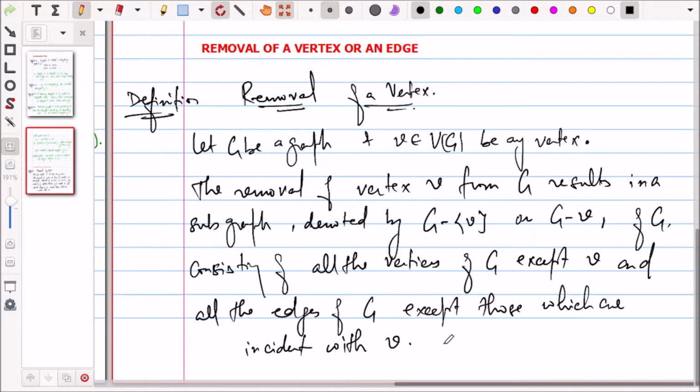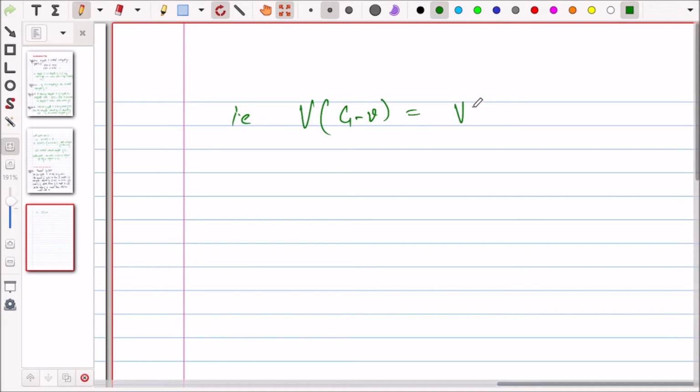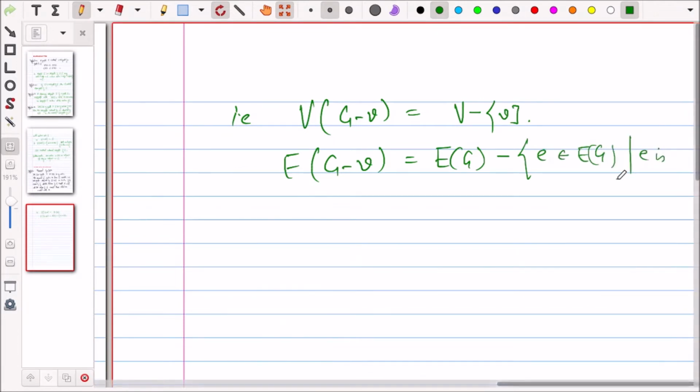So in terms of induced subgraph, what will it be? That is, V of G minus v is equal to V minus v, right? And E of G minus v will be E(G) minus the set of all edges in G such that e is incident with v, meaning one endpoint of e is v.